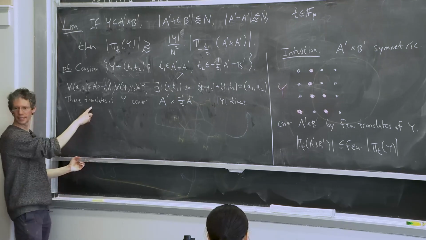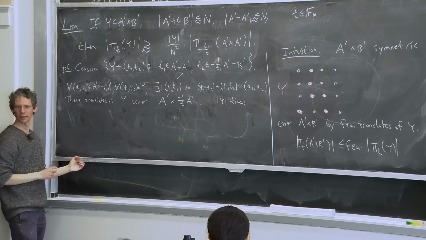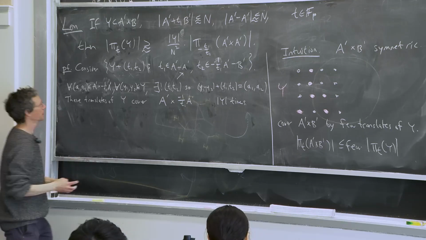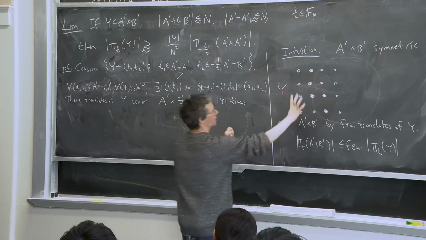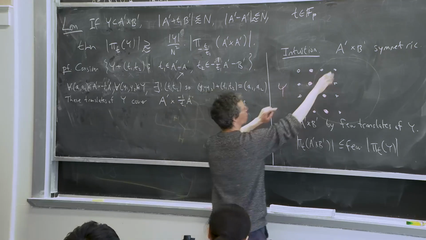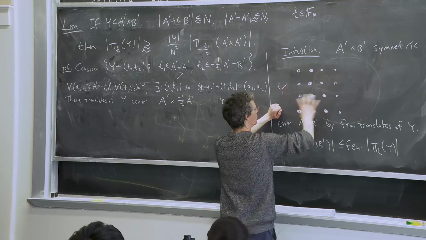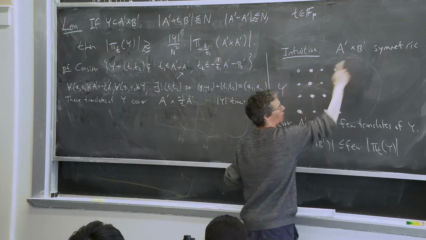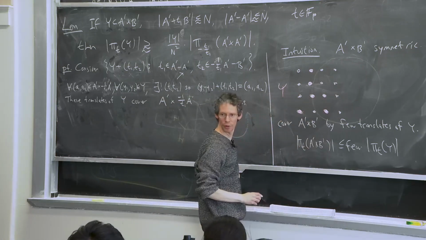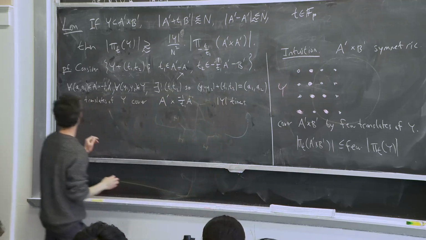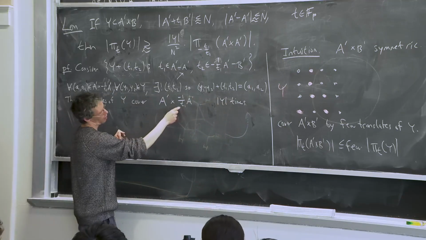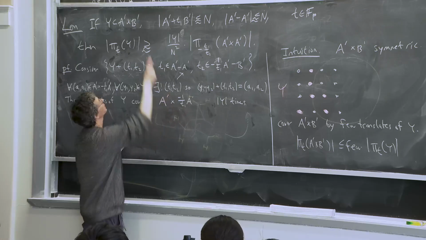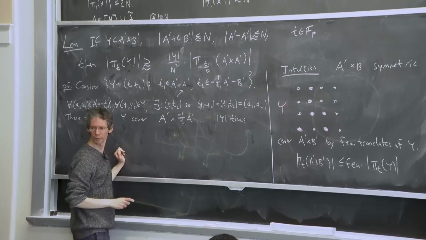Does this make sense? So we have rigged it so that we've taken a bunch of translations of this set y, and we have covered a nice product many times. We actually could have arranged the product to be A prime cross B prime, which would have been a little easier, but we have arranged that the product that we've covered is A prime cross a dilation of A prime. And that's a little bit better technically, because it's going to be closer to Theorem 1.